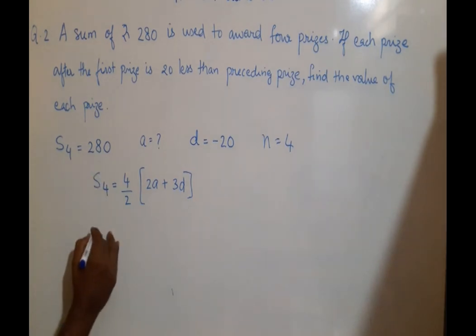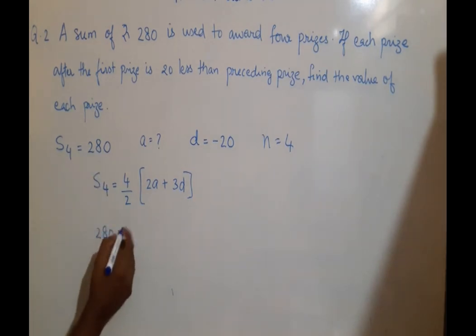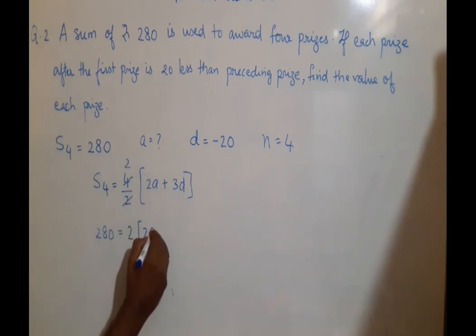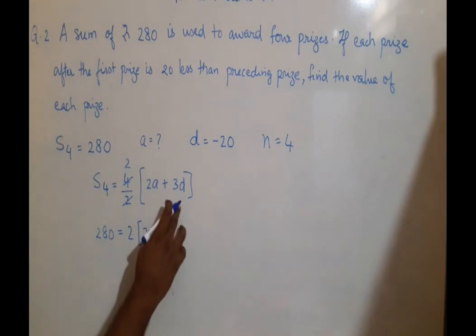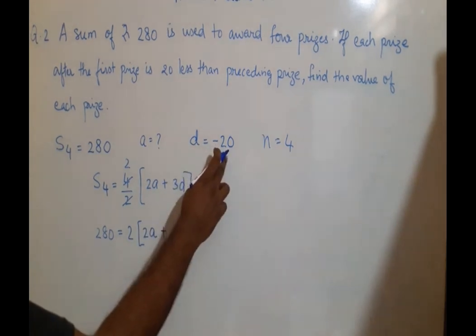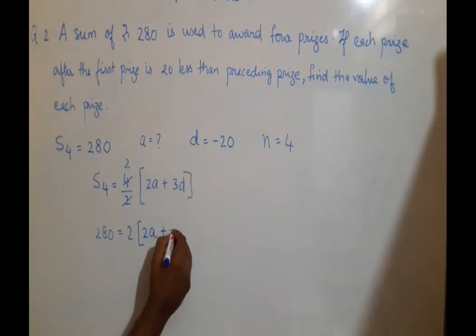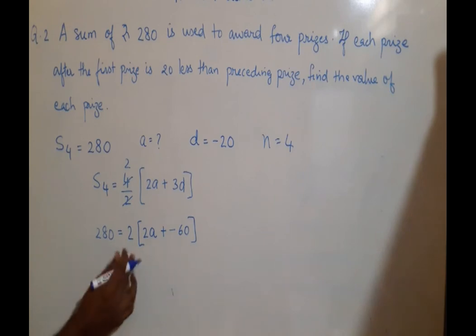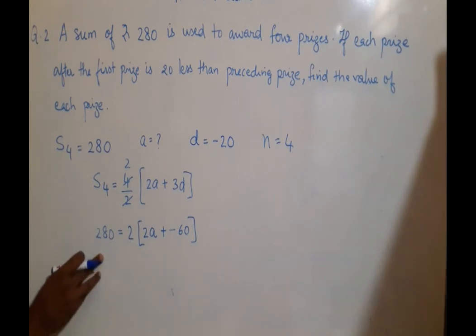So we have S4 equal to 280. 2 1s are 2, 2 2s are 4. So we have 2a, a we don't know, we keep it as it is, 2a, and 3d, d is minus 20. So 3 into minus 20 is minus 60. Now first thing we will do, because the bracket is in multiplication, we can take the 2 into division.